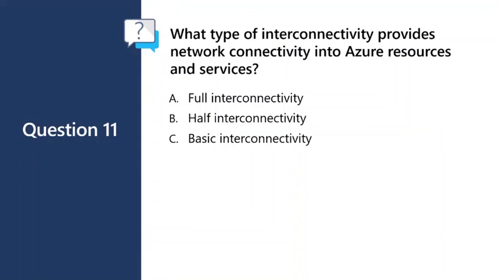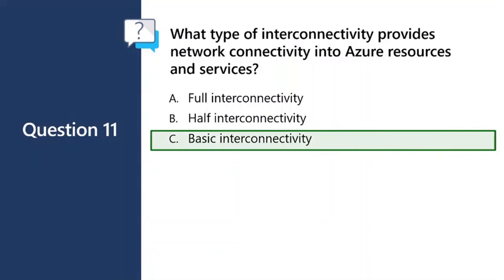So I think, if I remember correctly, what you said during the session is that basic provides you just one way into the Azure resources and services, but the full is bi-directional, so you can do migration back and forth. Yeah, single, you have one virtual network, and you're just using your VPN in. Okay, so let's see if we are correct here.